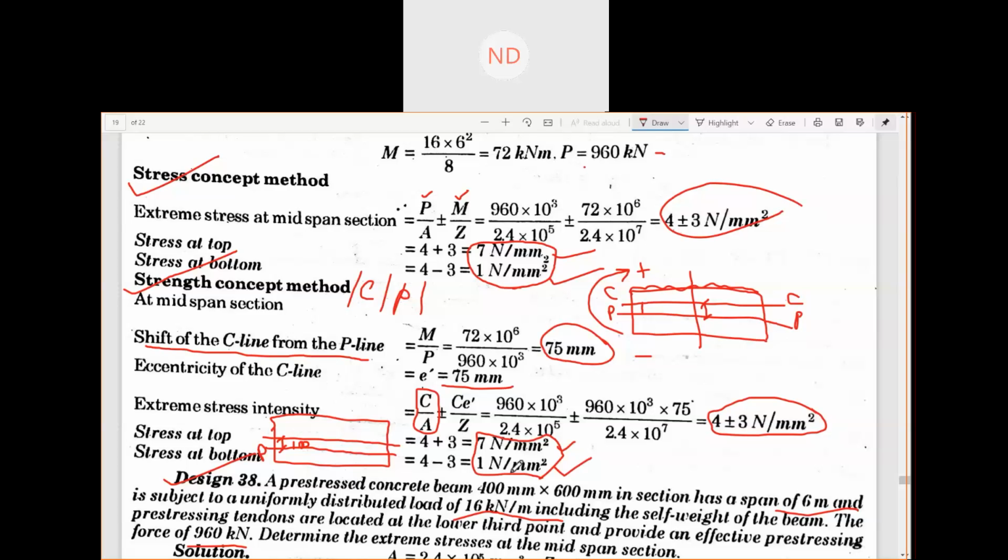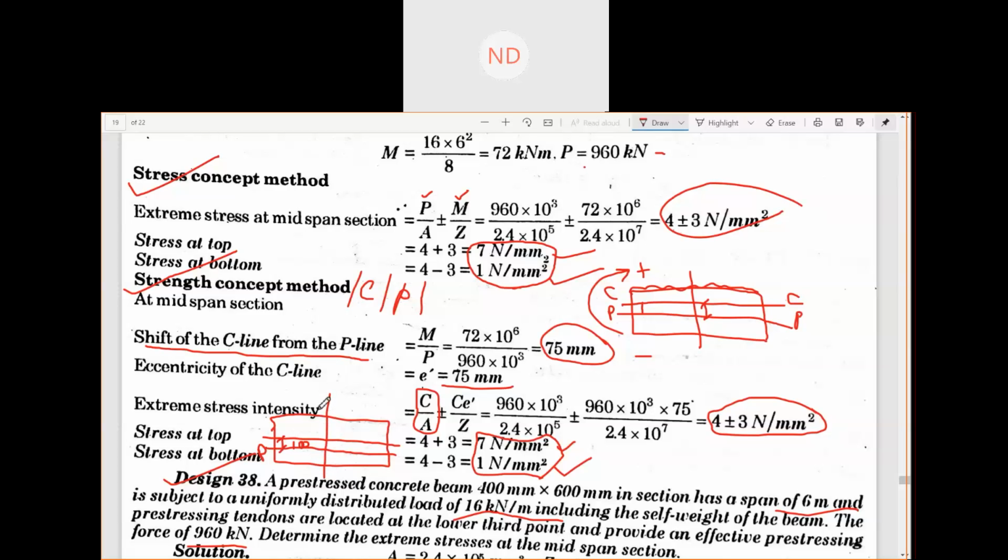In the stress concept method, at the very beginning, how we had solved the stresses without any eccentricity. But here we have an eccentricity. So with eccentricity, how did you solve the direct stress at the midspan?